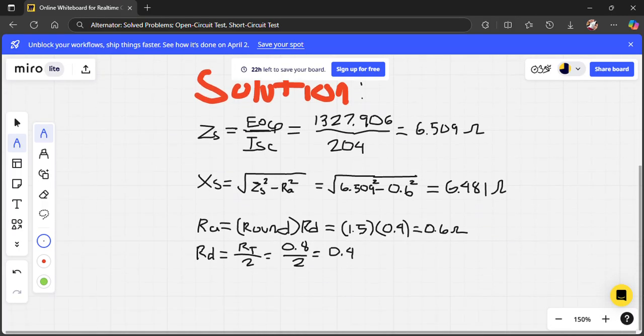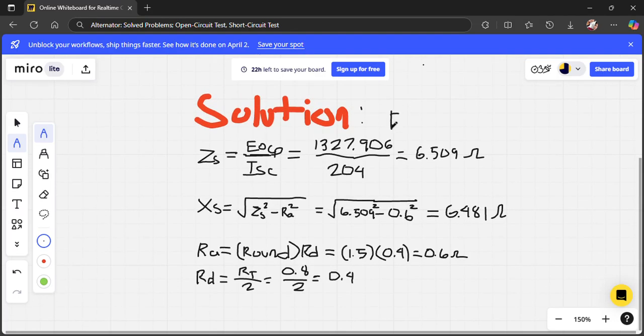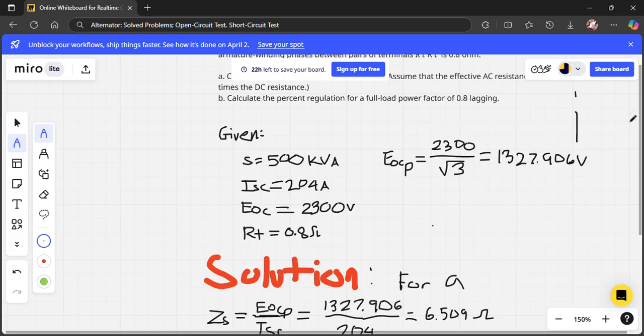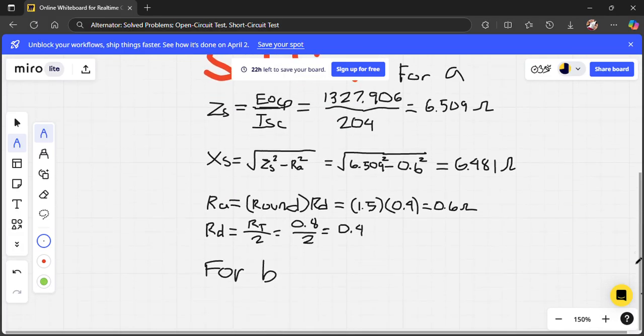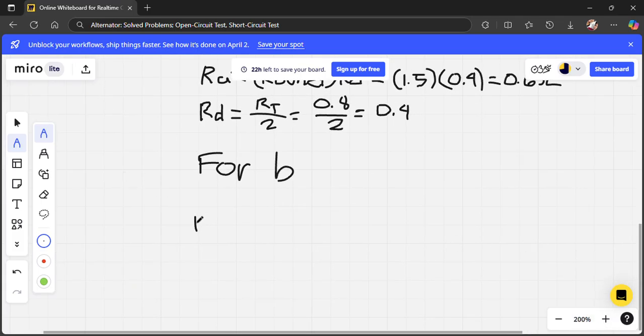So for B, the solution: we need the power factor, PF, which is 0.8.